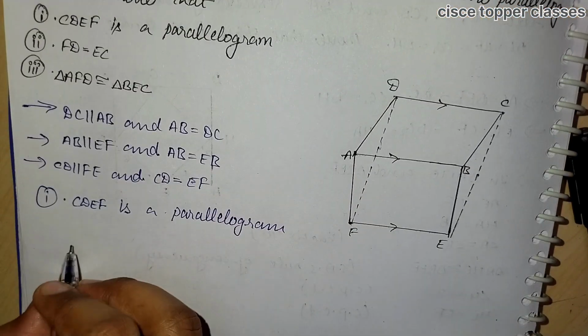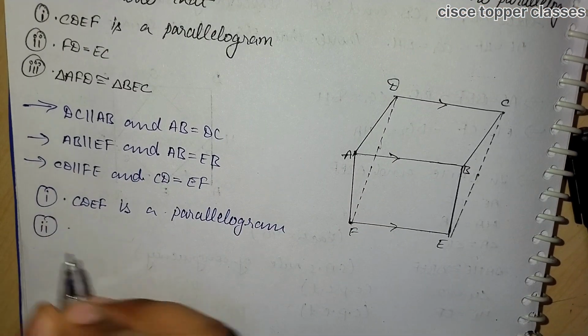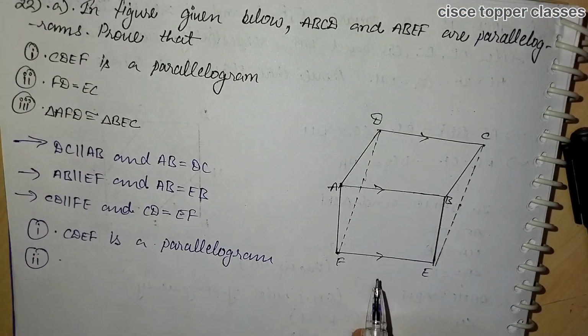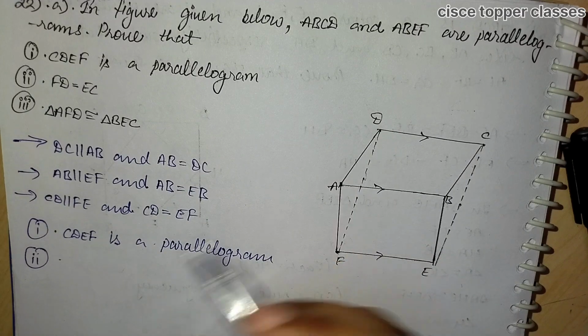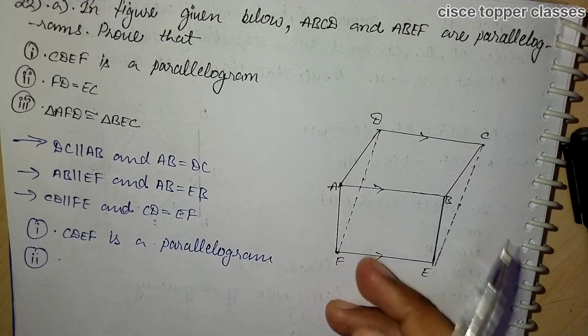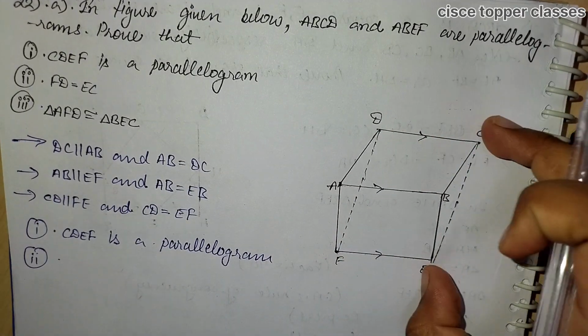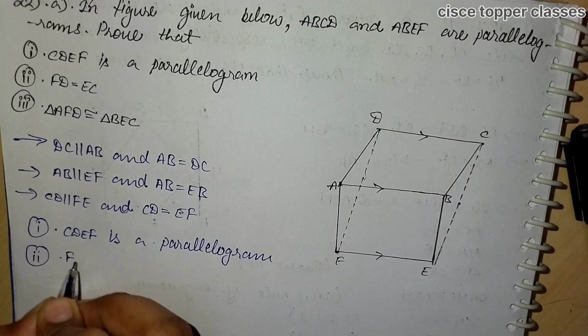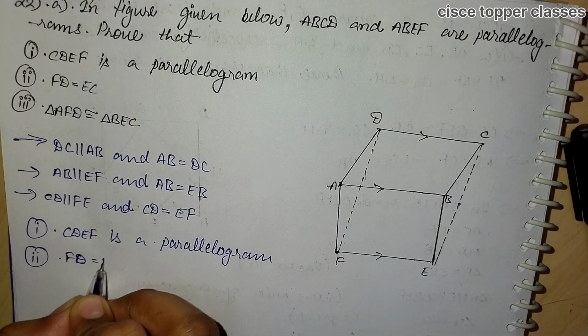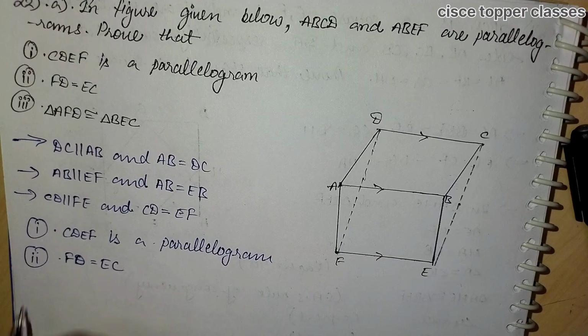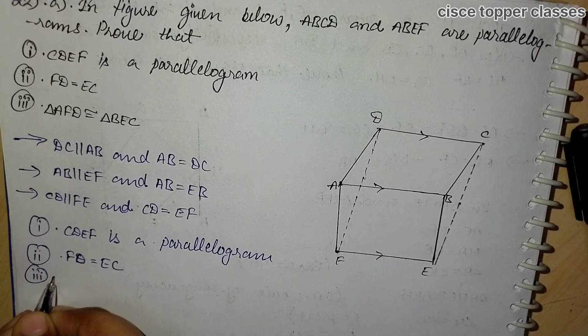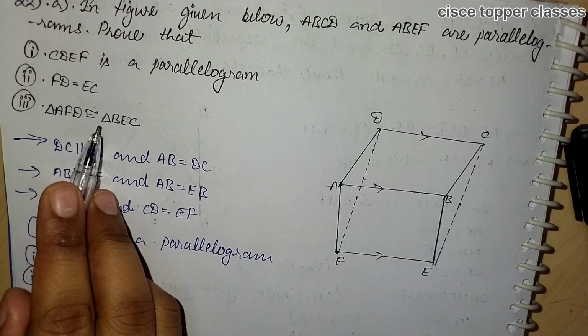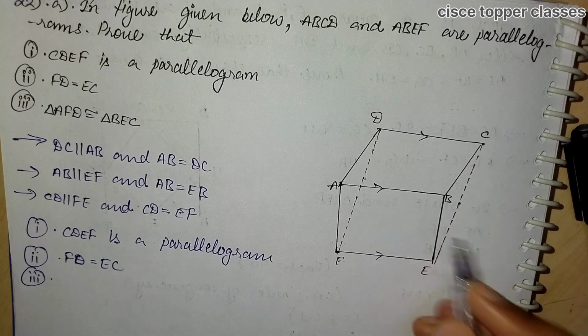Now, as we have proved the first part, we can prove the second part simply, as FD is equal to EC. In a parallelogram, as we have proved that CDEF is a parallelogram, FD is equal to EC. Now the third part which we have to prove is triangle AFD is congruent to triangle BEC.